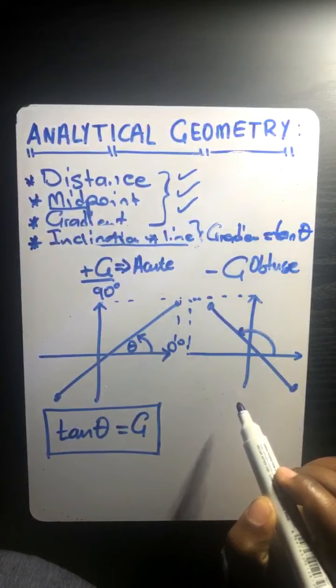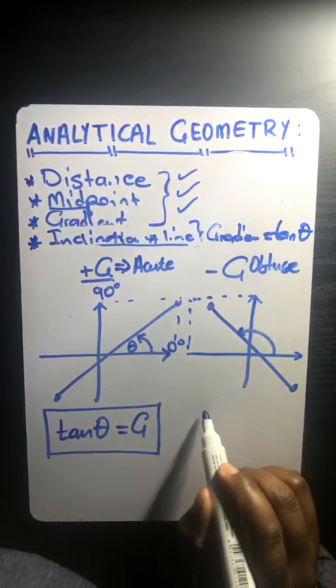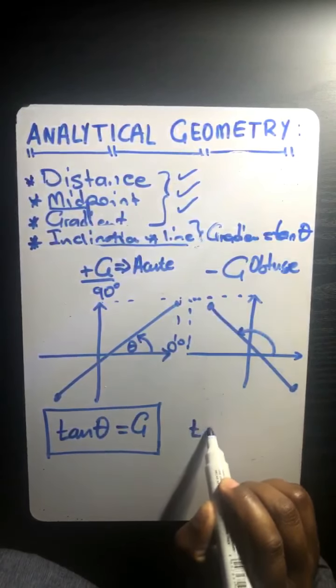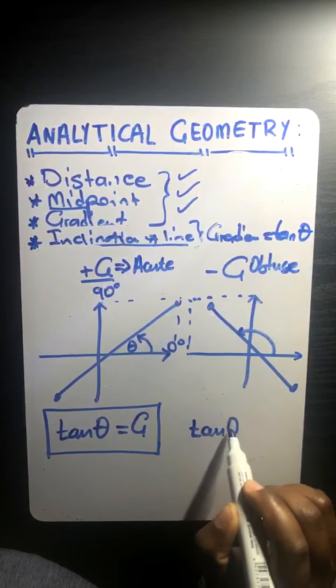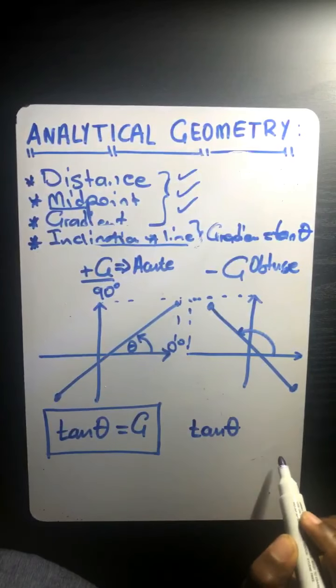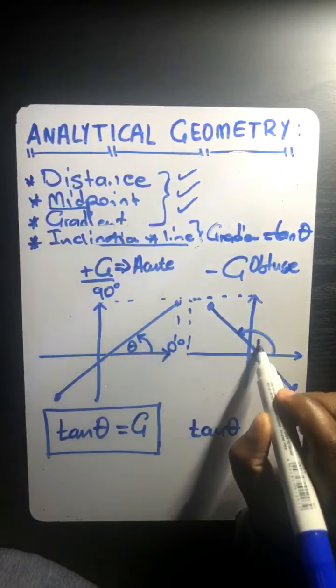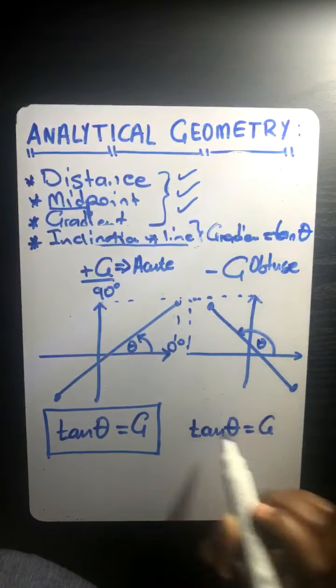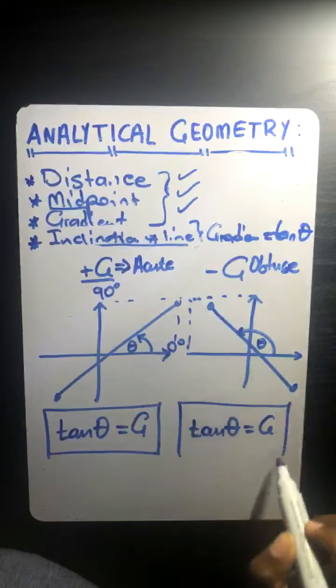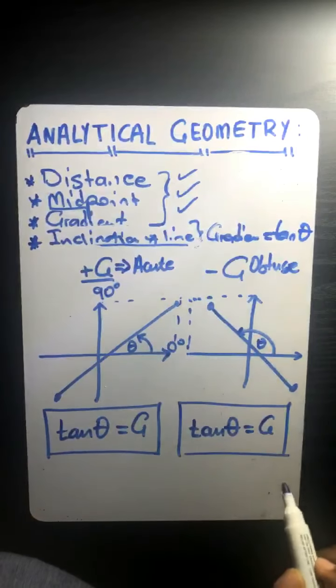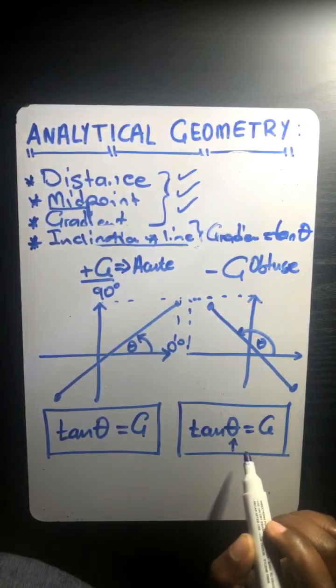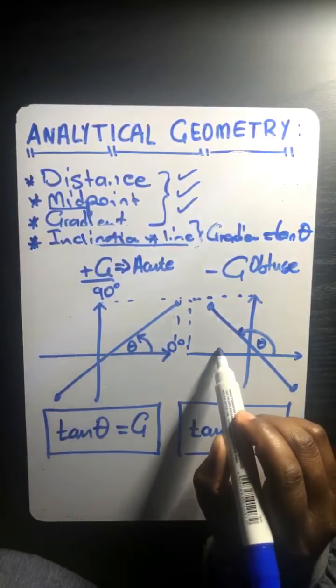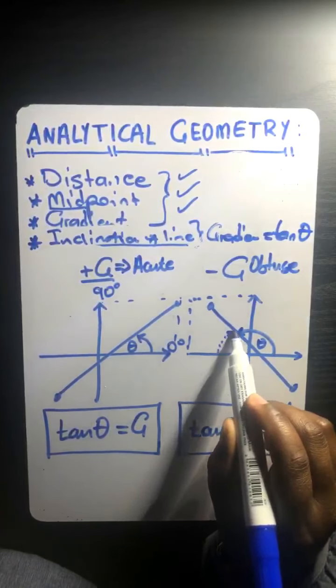So in that case, ladies and gentlemen, when you use this formula to say tan of the angle of inclination is equal to G, you might have a negative value over there. So that negative value, as the angle that you're going to get, actually gives you the angle at the back.